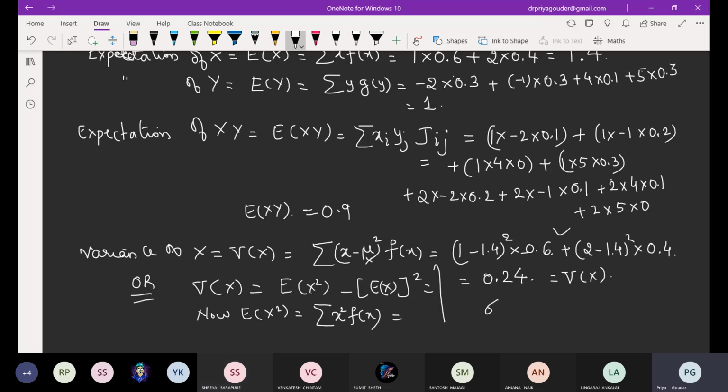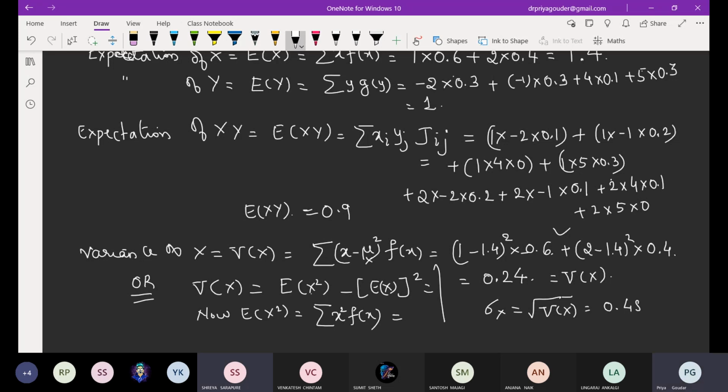So what will be the standard deviation? What is root of 0.24? Root of 0.24. 0.4899.